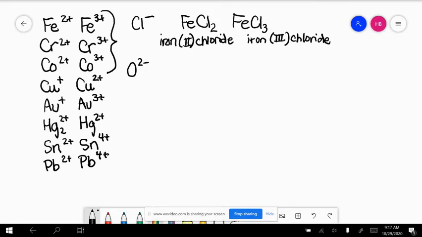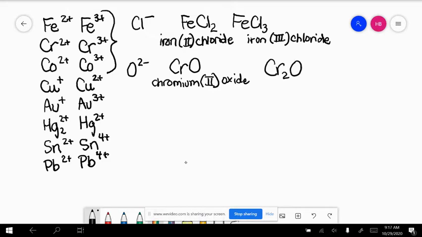So if I have a +2, let's use a different one of our 3 musketeers. If I have +2, they simply go together 1 to 1. So this is chromium 2 oxide. And this would be chromium 3 oxide. Remember, we're going to drop the charges down.